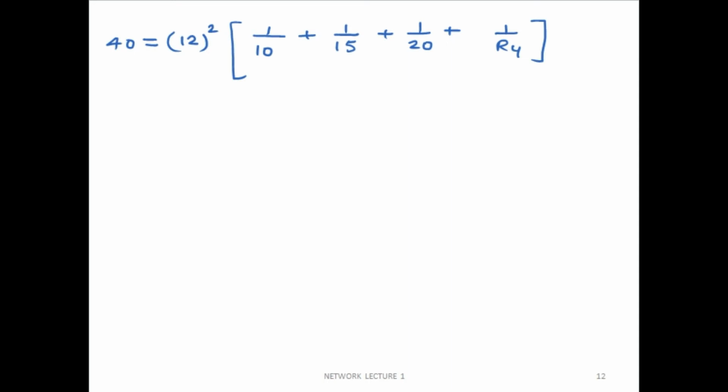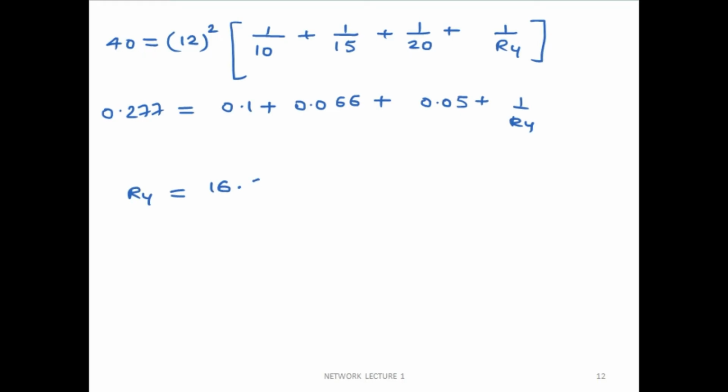So 40 by 12 square, which is 144, we are getting 0.277. It will be equal to 0.1 plus 0.066 plus 0.05 plus 1 by R4. So after simplification we are getting R4 as 16.39 ohm. Okay, so this is the answer.